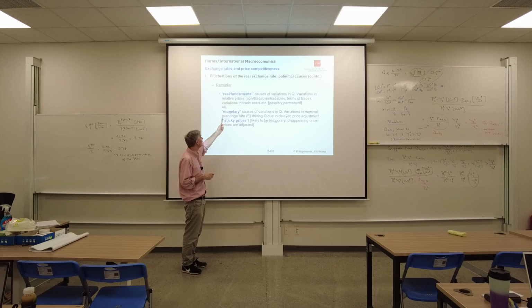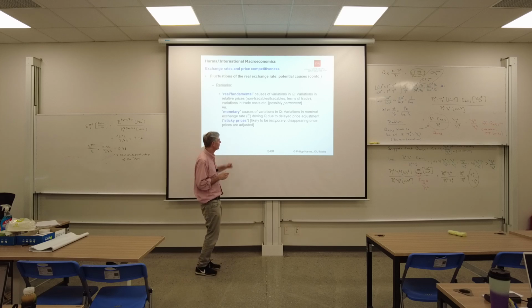Secondly, there may be fluctuations in the real exchange rate that are monetary in nature. And in this case, you have variations in the nominal exchange rate which are driving Q due to delayed price adjustments, so-called sticky prices. Now, fundamental factors are likely to be permanent. Sticky price, monetary factors are likely to be temporary. It goes away over time.